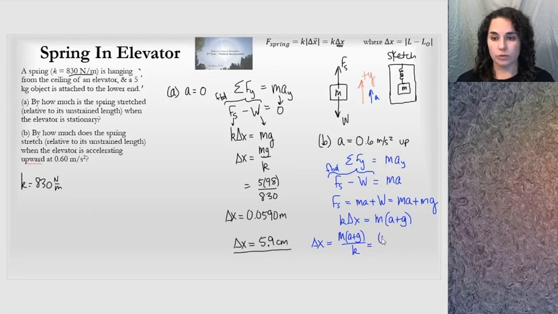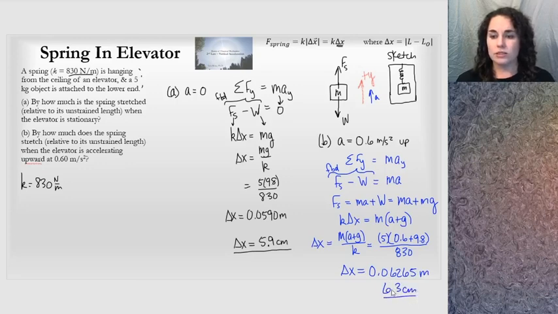And I can plug in what I know. I get 5 times (0.6 plus 9.8) divided by the spring constant, which is still 830. When I run this through my calculator, you get a value of 0.06265 meters, which is about 6.3 centimeters.